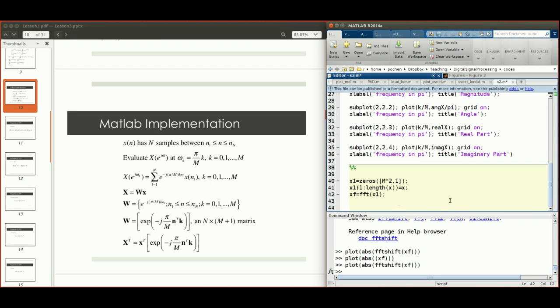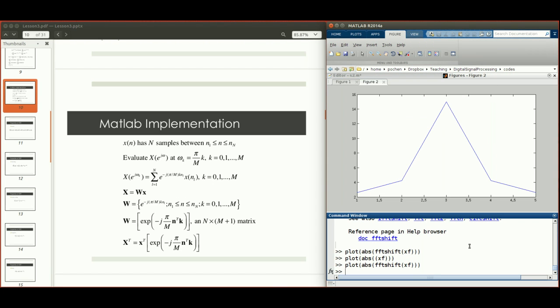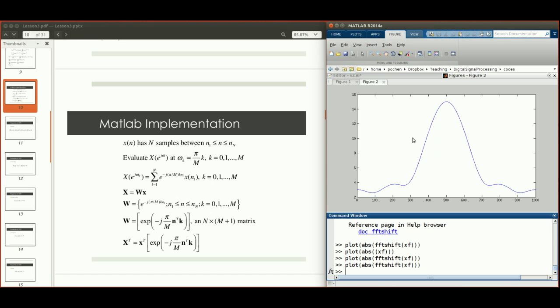If I execute this and make a plot, you can see it's a lot smoother.